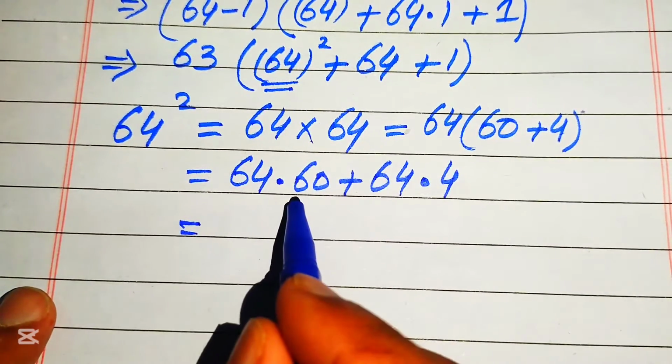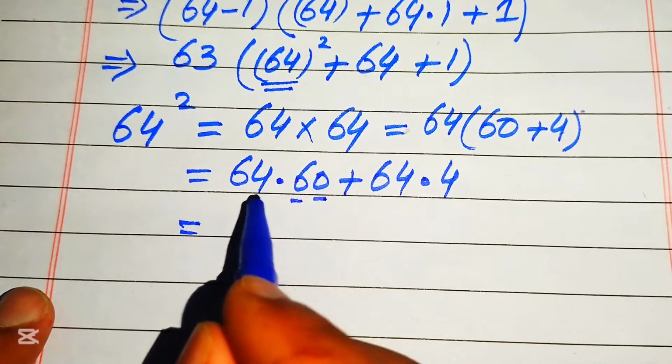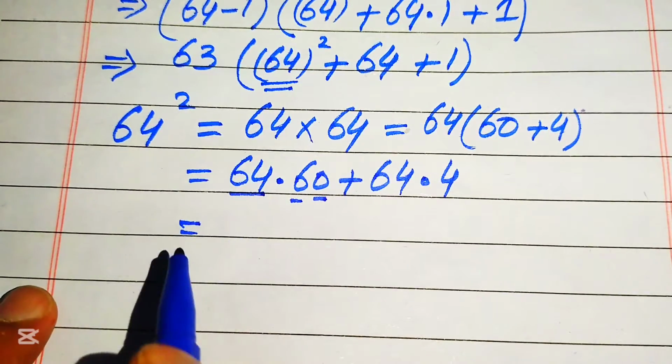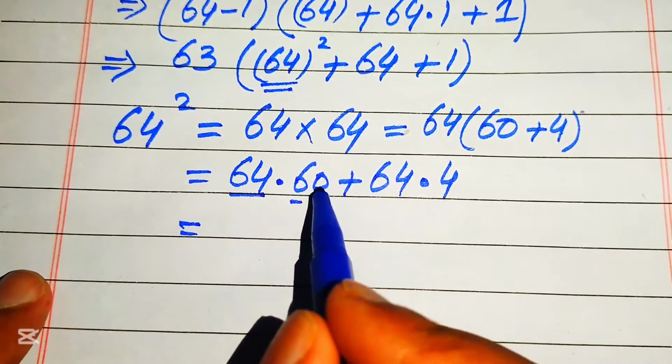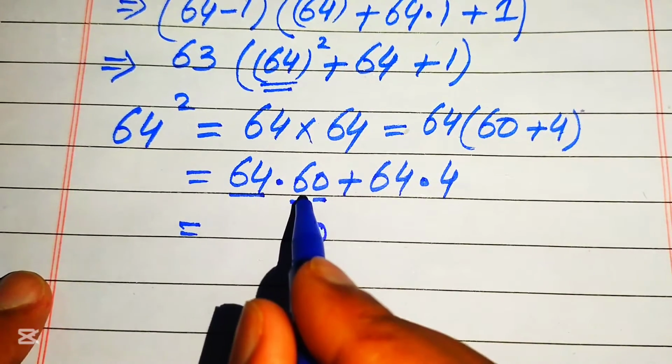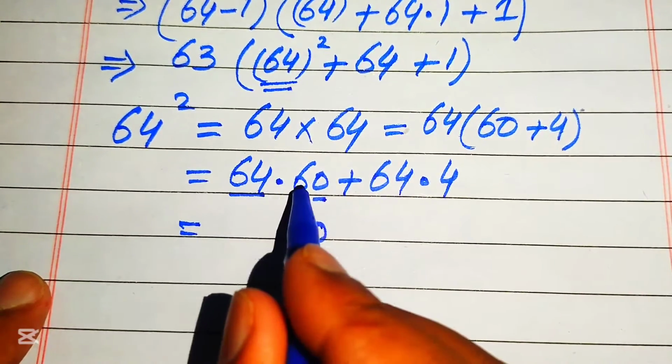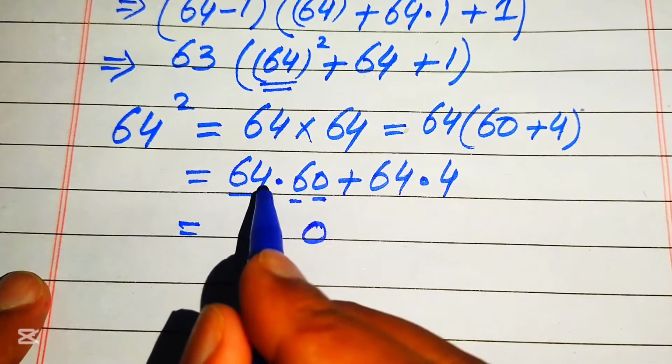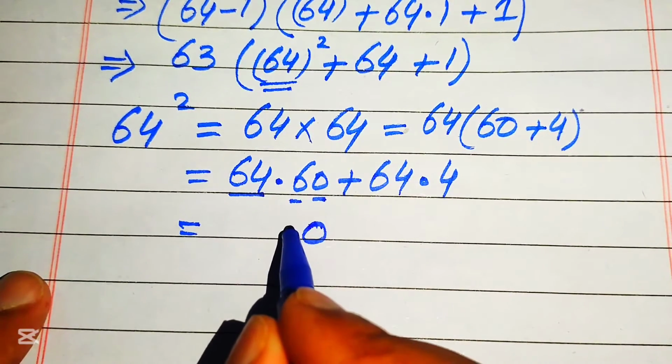Here you consider this as a 2-digit number and this as a 1-digit number, this is 64. First we multiply this 0 with the complete number, so 0 times 64 equals 0, and now we multiply this 6 on these two values. You see, 6 times 4 becomes 24.